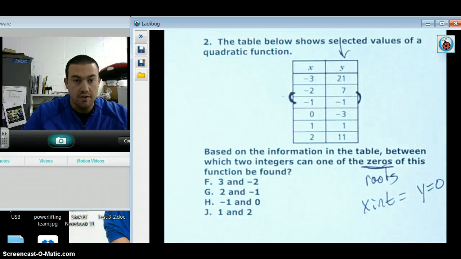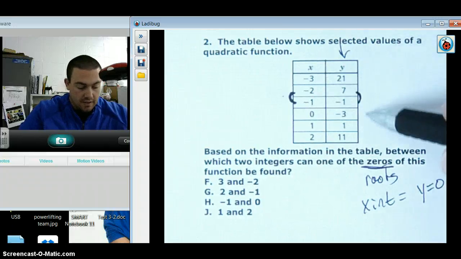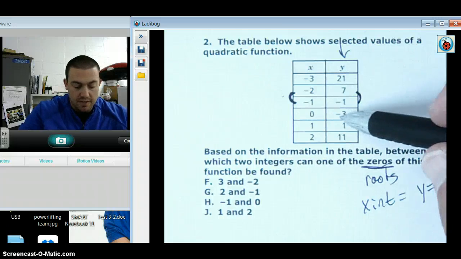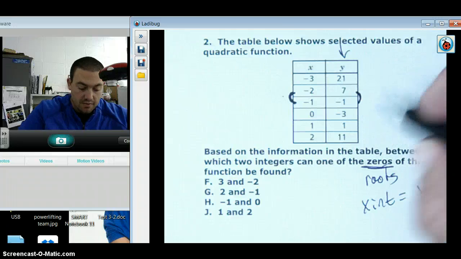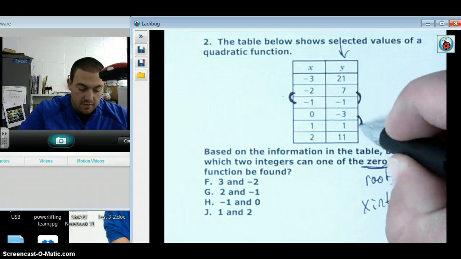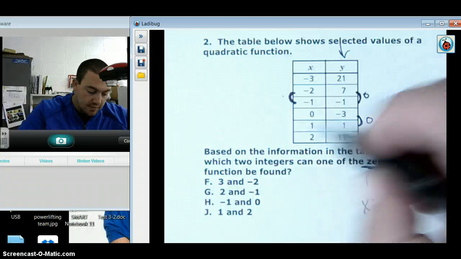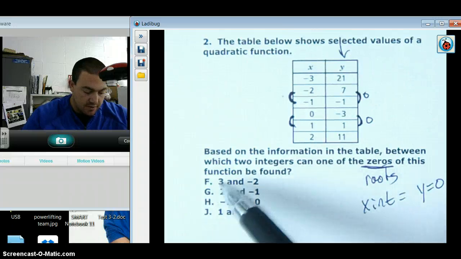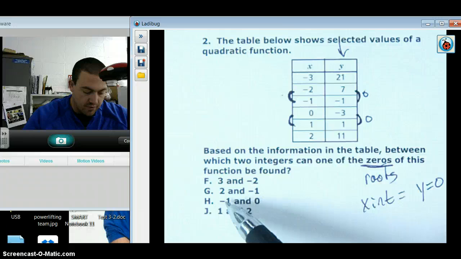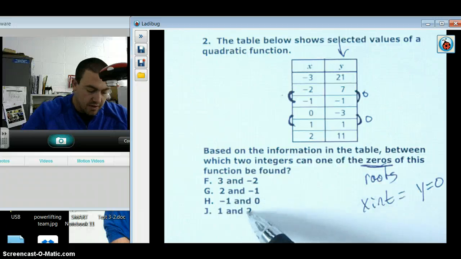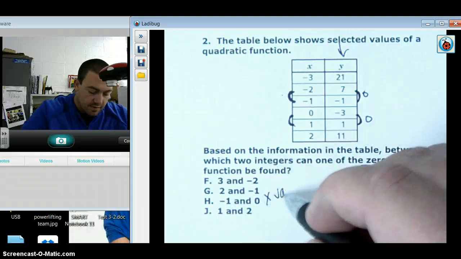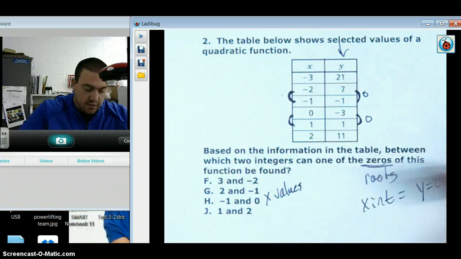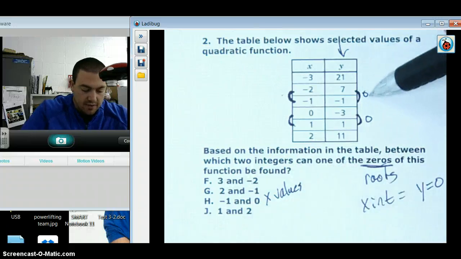If you look closer down your table here, in between negative 1 and negative 3, that's not a 0. But if I go from negative 3 to positive 1, I'm going to pass another 0. Well, there's another 0 right here, in between these two x values. And sure enough, our answer choices are between 3 and negative 2, 2 and negative 1, negative 1 and 0, and 1 and 2. These are x values. And we've looked here that in between these two y values there's a 0.